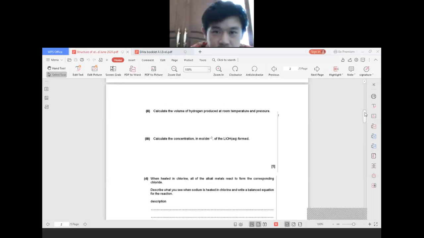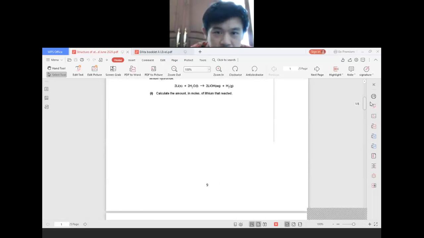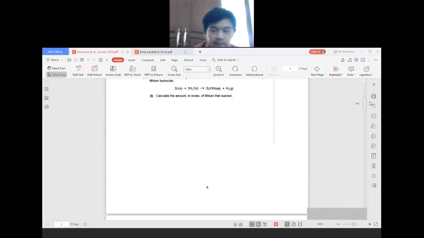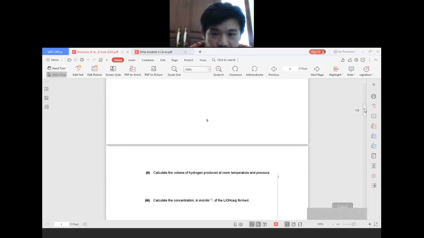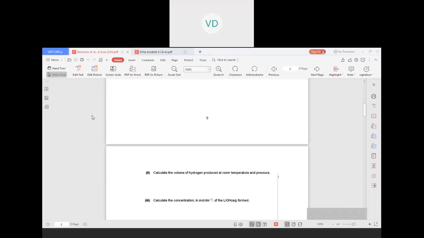Vanessa, from this equation, Vedika found the answer of the mole is 0.12 mole. And then what is the volume of hydrogen gas produced at room temperature and pressure? Hello, Vanessa. I haven't done that, teacher. Yes, Vanessa. What is the volume of hydrogen gas produced at room temperature and pressure?